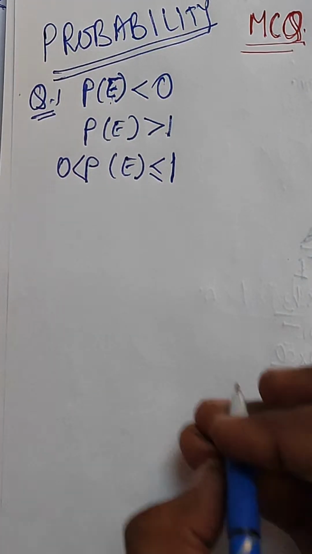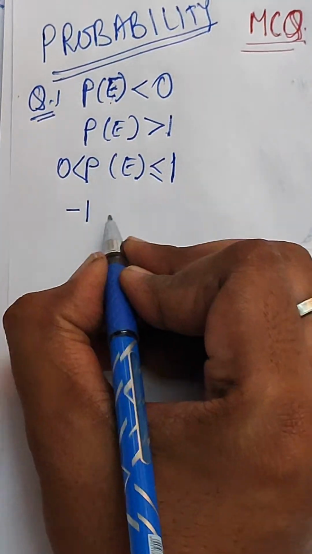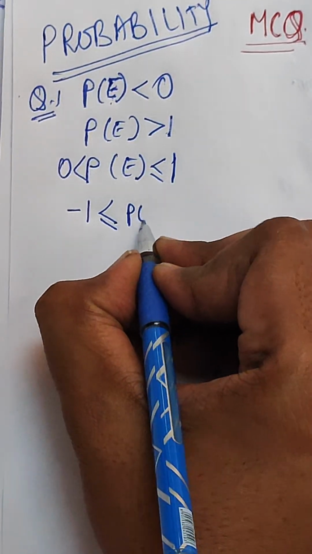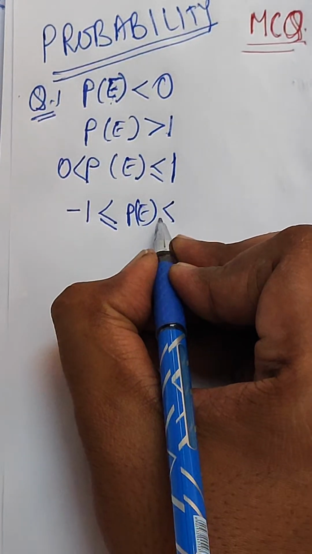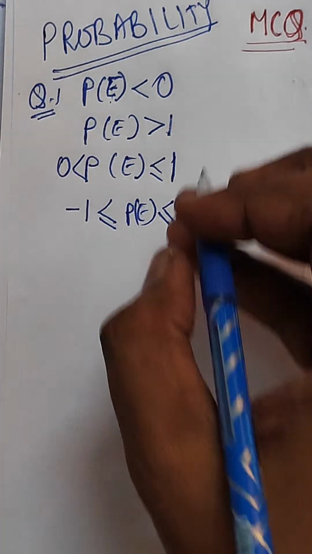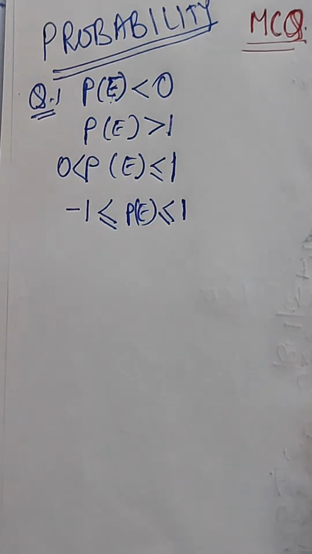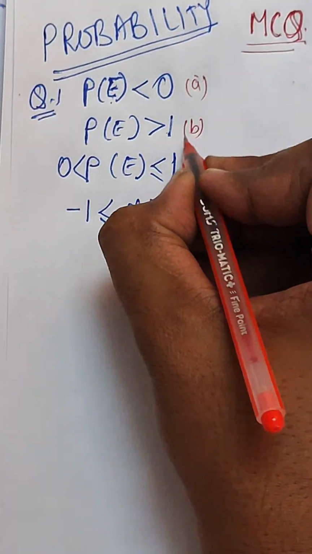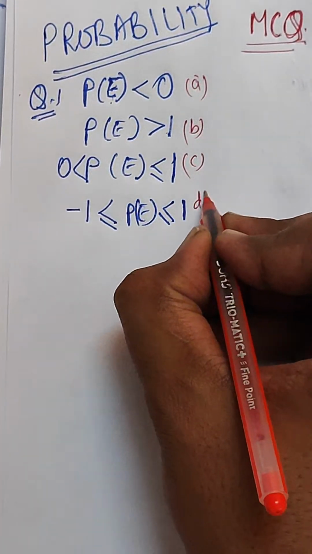And the last option is P of E lying between -1 and 1, right? So this is the question. Okay, so let us say this is option A, this is B, this is C, this is D.